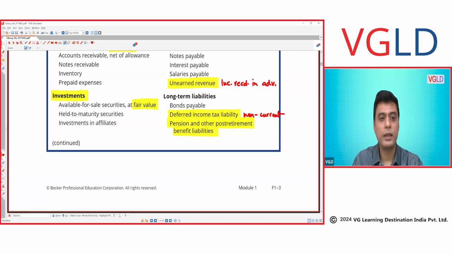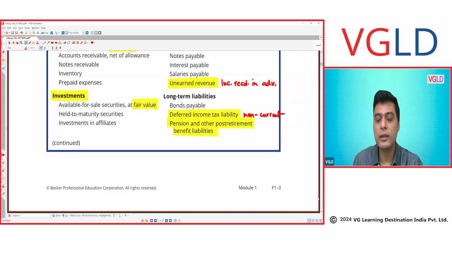But if I was the interviewer and I asked you, is this balance sheet an IFRS balance sheet, you would say no. On what basis would you say no? Because in IFRS, there is a concept of revaluation, right? In US GAAP, there is no concept of revaluation.